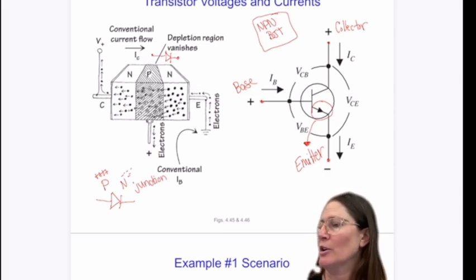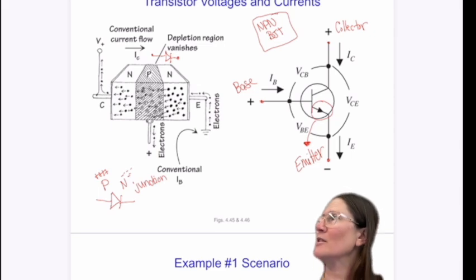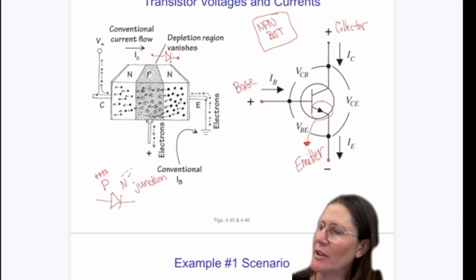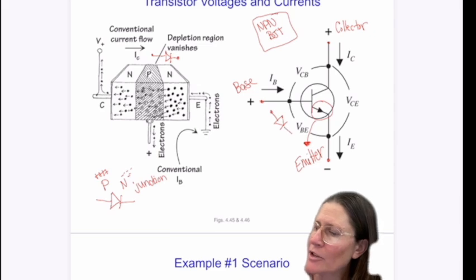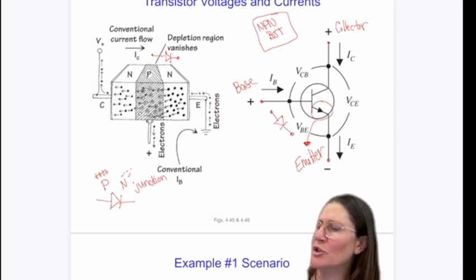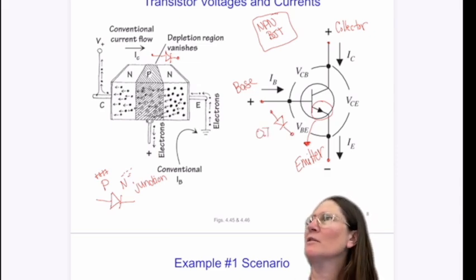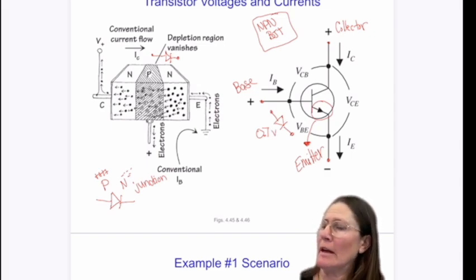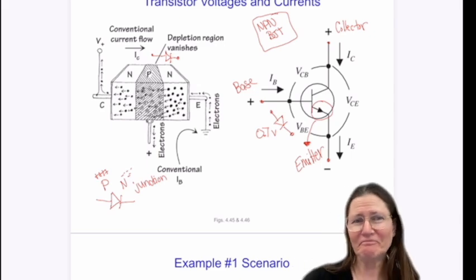That's why the little arrow looks like a diode, because internally you have a diode connection between your base and your emitter. When this is on, we say that it has a 0.7 volt drop. This is where that diode understanding comes in.